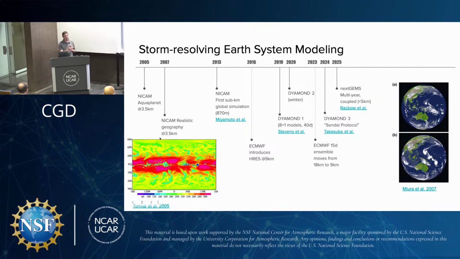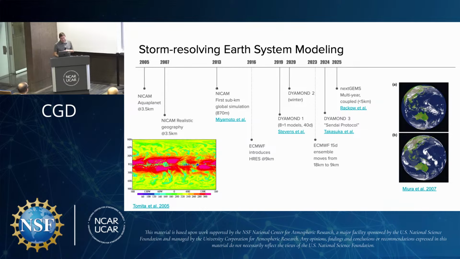They were the only ones doing this for the first few years. By 2013, they showed the first sub-kilometer global simulation, at 870 meters grid spacing. They've continued to push the boundaries of resolution. Last year I was at a talk where they showed 220 meter global resolution. Again, these are very short demonstrations, but they're demonstrating the capability.